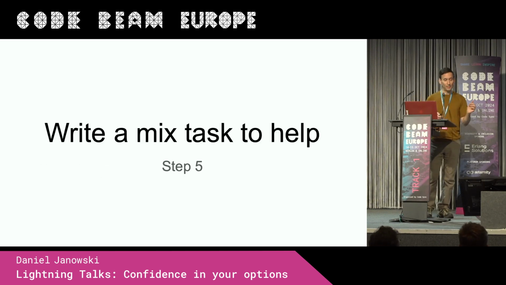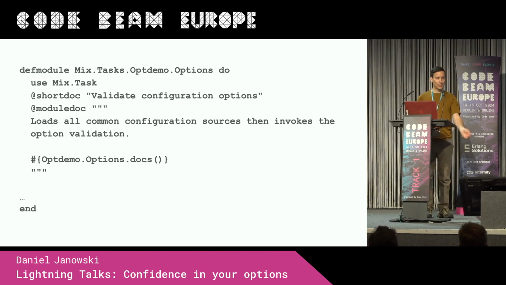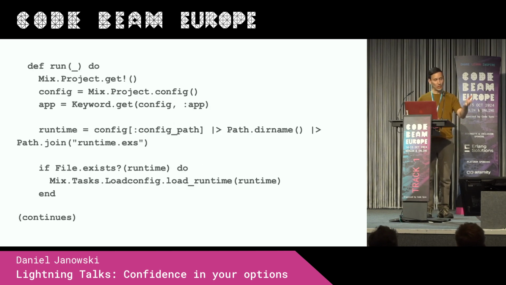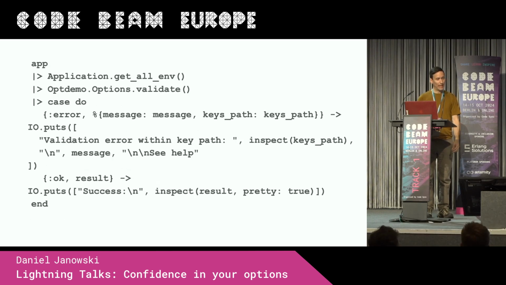So then I also added a mix task, which is really nice because, well, what are the options for this thing? And that's really not that hard. You kind of do the standard mix task thing, but there's also this nice options docs business that you can put in the module doc. And then you write a mix task run, which doesn't start the application, but pulls the configuration in and pulls in the runtime. And then, so this is sort of boilerplate. And then it does the same thing that happens at the application start.